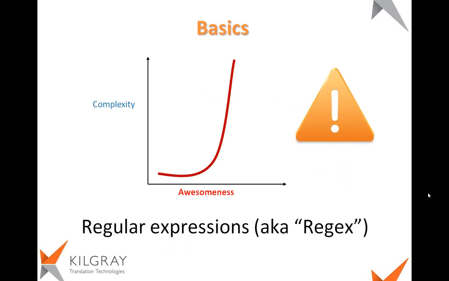And one of the things I'd like to warn you about is the, I would say, exponential complexity of regular expressions. Even though the basics that you're about to see are pretty simple, they can get complex very, very quickly.